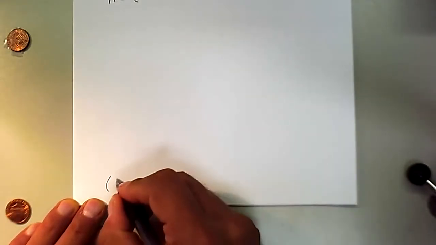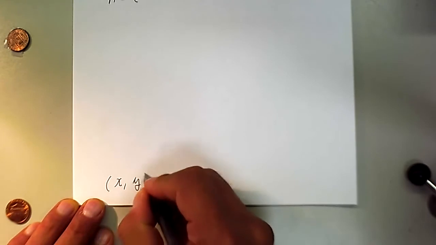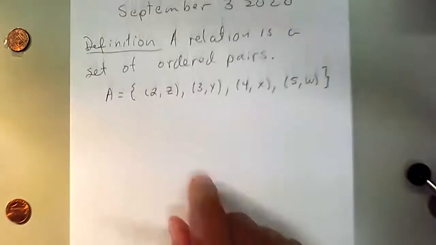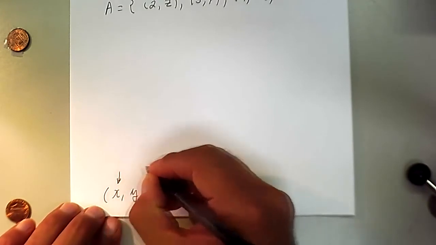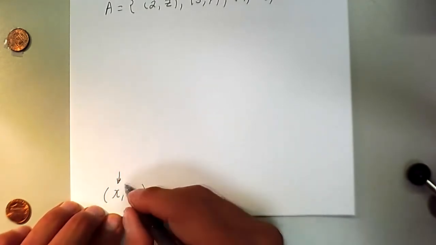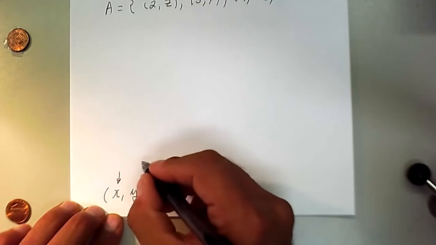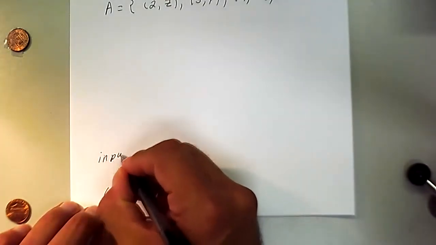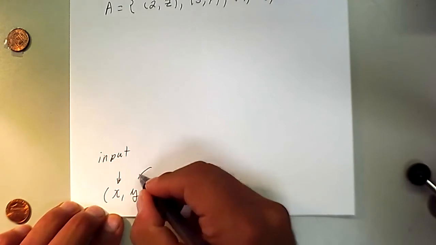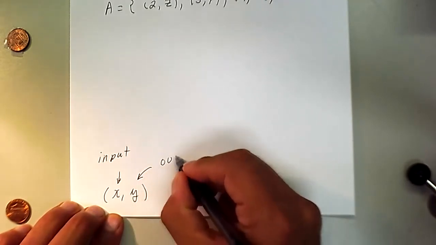let's label it X, Y. When you have a single pair of a relation, because they're ordered, there's a first and a second. The first one is called input, and the other one is called output.